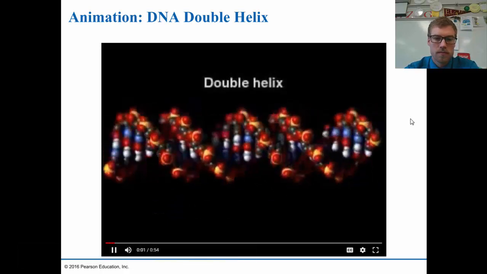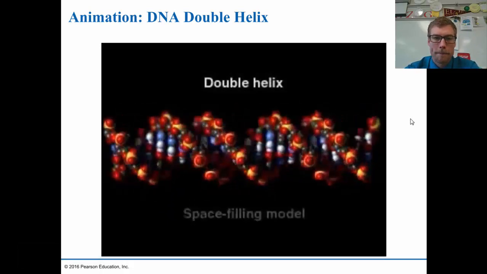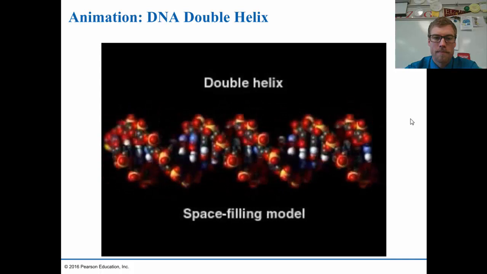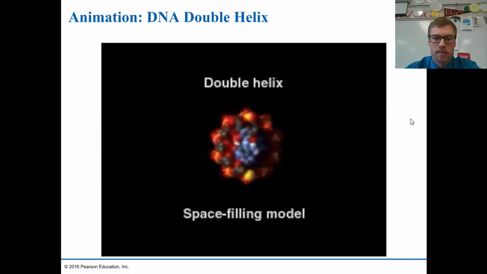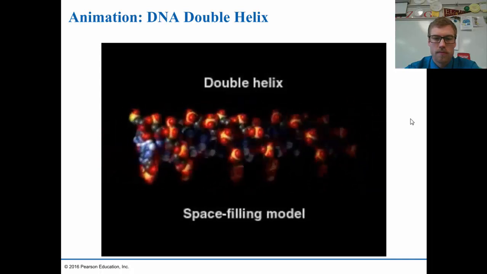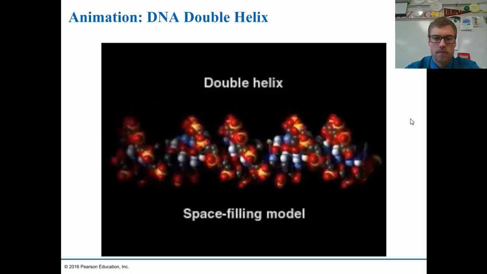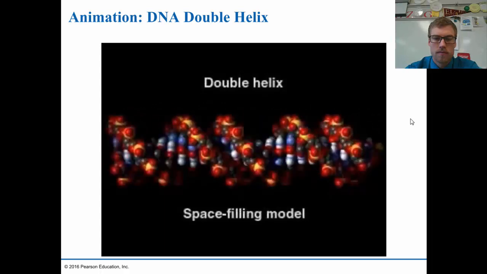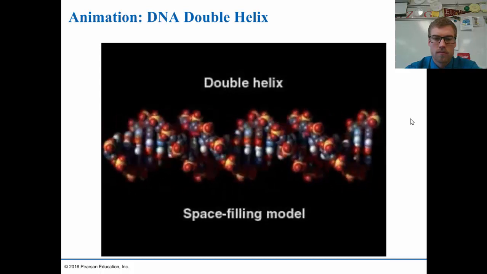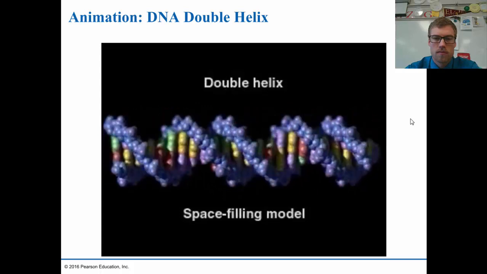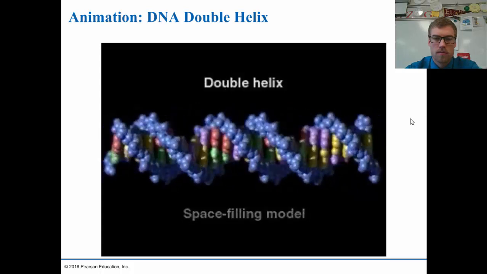DNA consists of two complementary strands of nucleotides twisted together to form a double helix. In this space-filling model, each atom is represented by a small sphere. The yellow and red phosphate groups make the two sugar-phosphate backbones easy to spot. They're on the outside of the double helix. We will highlight the backbones in blue. Now let's look at the crossbars connecting the backbones.